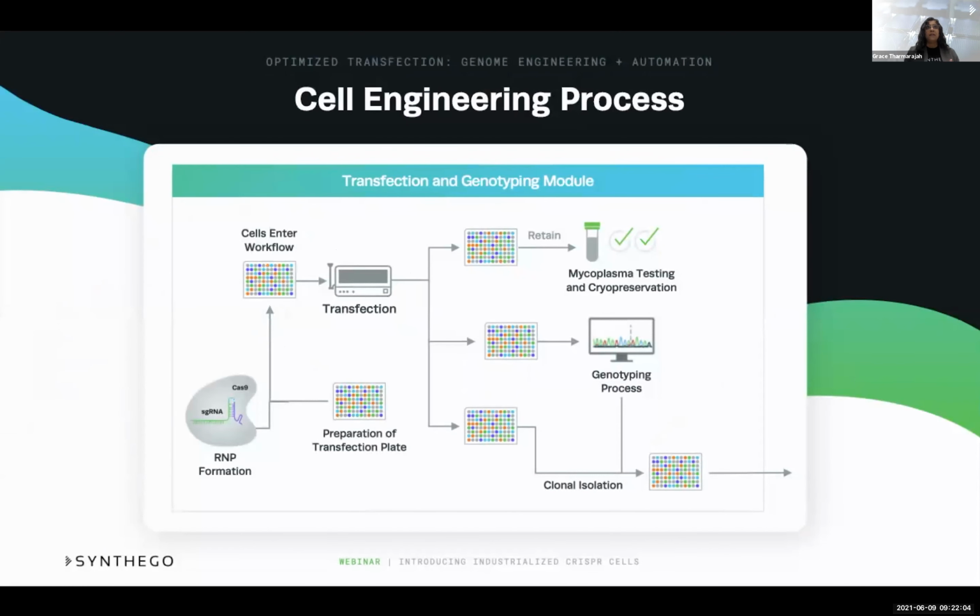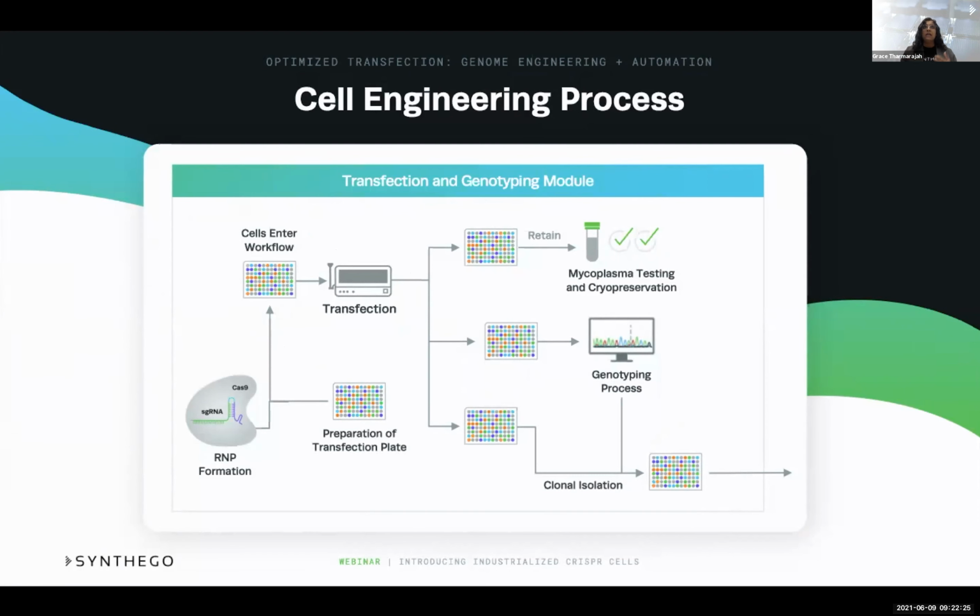Let's spend a little bit of time looking at that workflow. The automation doesn't just allow us to do these countless transfection conditions at once, but it also does a good job of moving the edited cells in a parallel way through the various processes downstream of transfection.